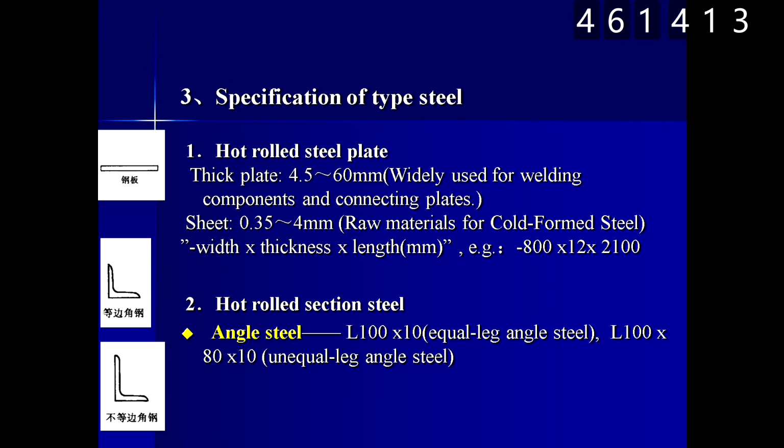Now we talk about the selection of the steel. Now we can see some different types of steel: plate, hot rolled plate.